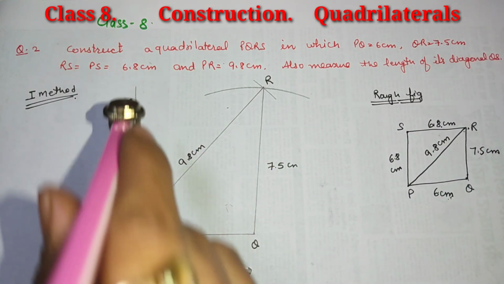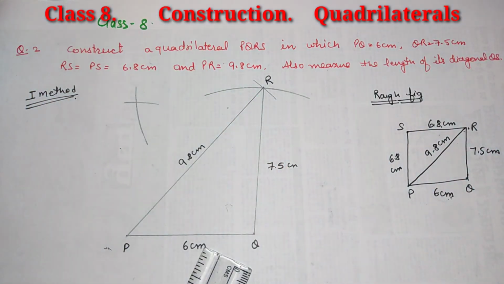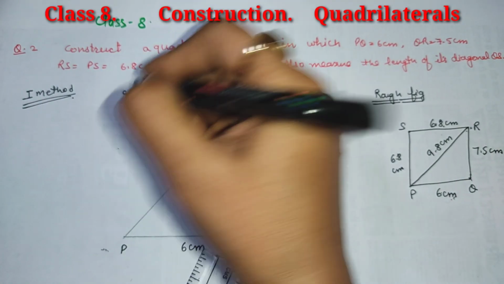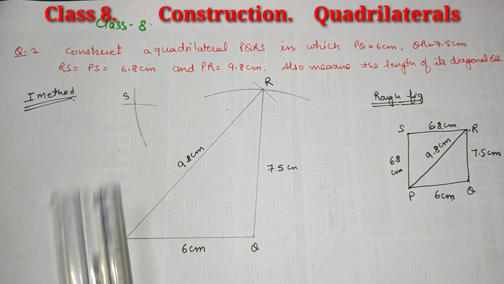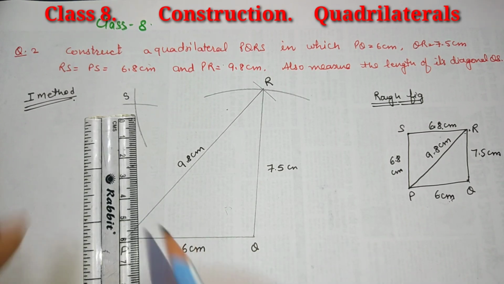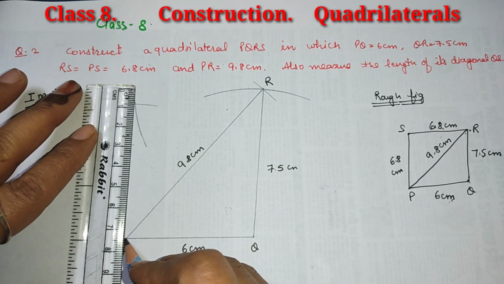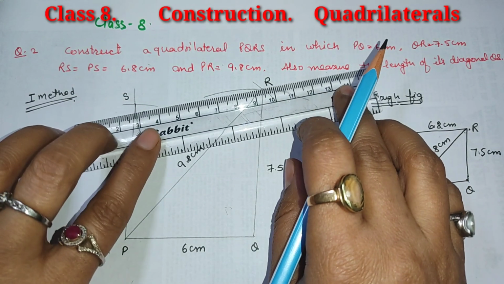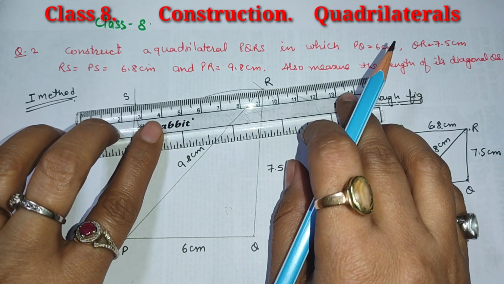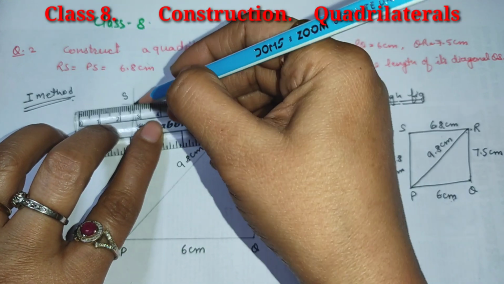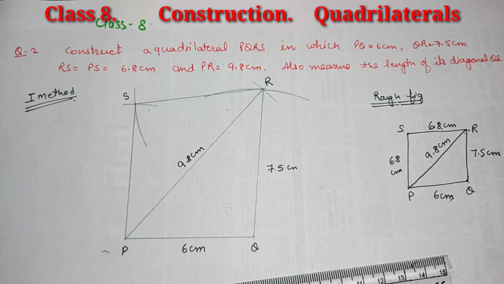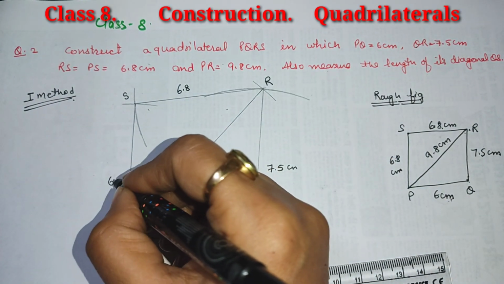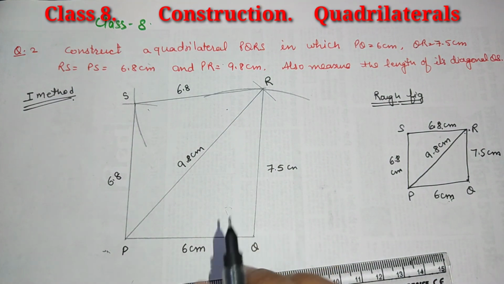Cut this way, and this point is your S, the point where both arcs cut each other. Join this point with P and Q also, and write down, it is 6.8 and it is also 6.8.